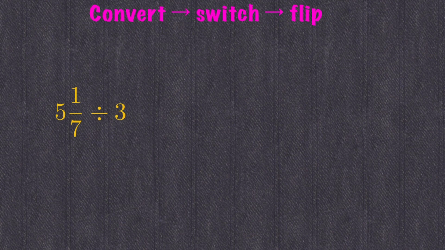Here's my last question for today's lesson. We have 5 and 1 over 7, and we're going to divide that by 3. So remember to convert your mixed number into an improper fraction, then switch the division sign to a times sign, and get the reciprocal of the whole number by flipping.